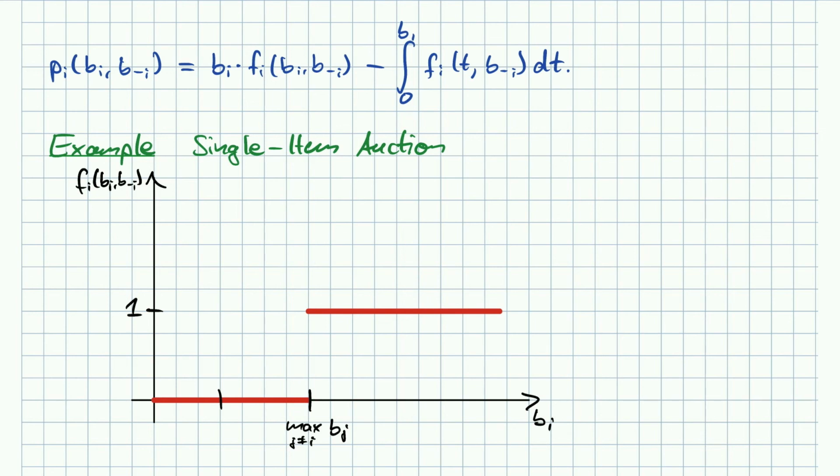Cool. Now what if I'm bidding this much? How much will I be paying then? How much is this? Now bi times fi of (bi, b minus i) will be quite a bit, namely this is the entire area here. But from this we subtract something, namely the area below the curve.